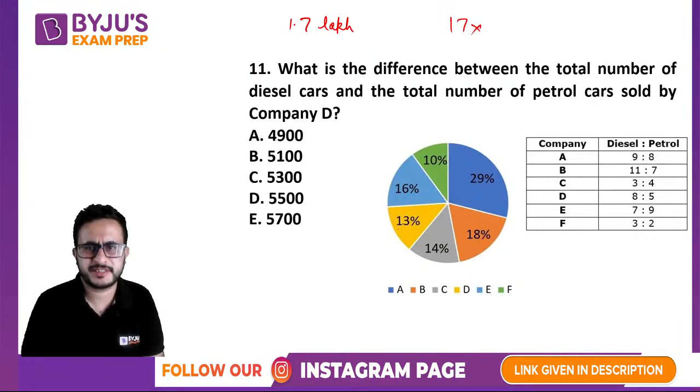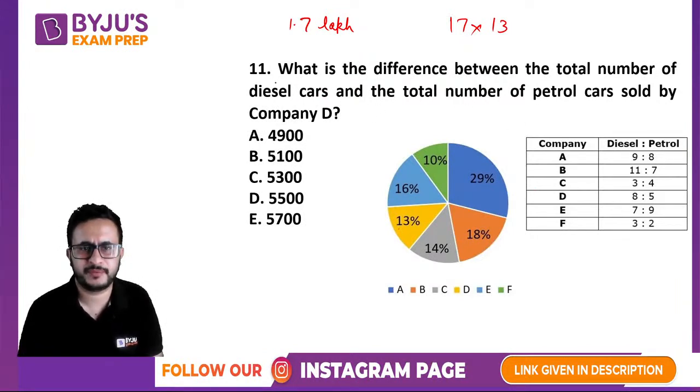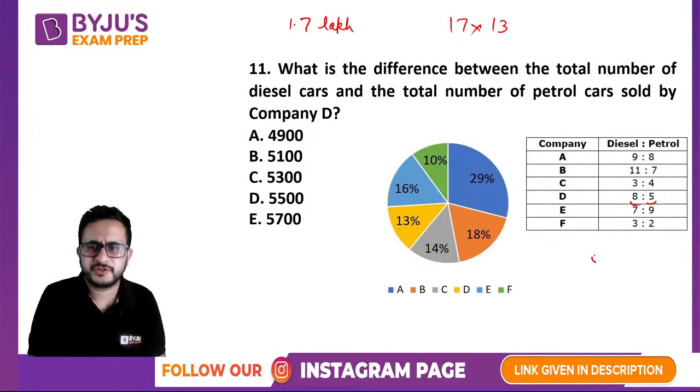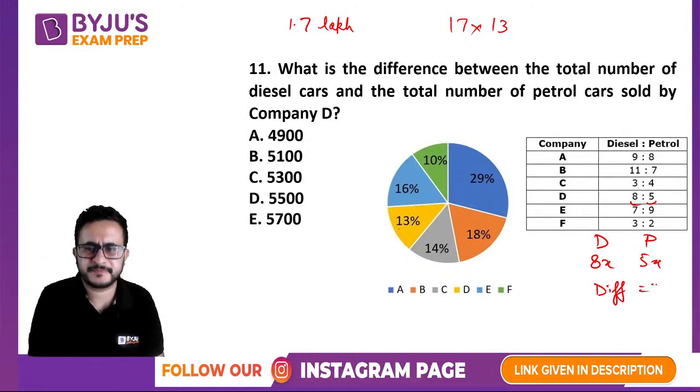D is 13%, so into 13. Okay, now it is saying the difference between total number of diesel and petrol cars. So diesel and petrol, it is 8:5, right? So if diesel is 8x, petrol will be 5x. Okay, so difference कितना आ जाएगा?